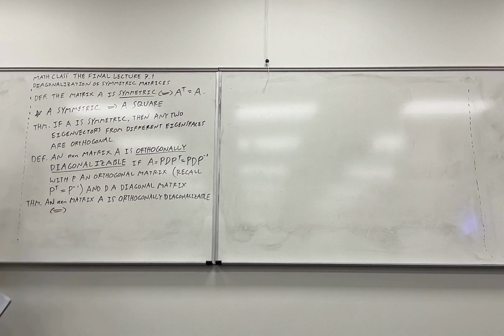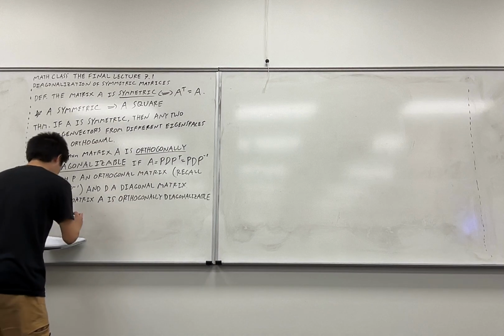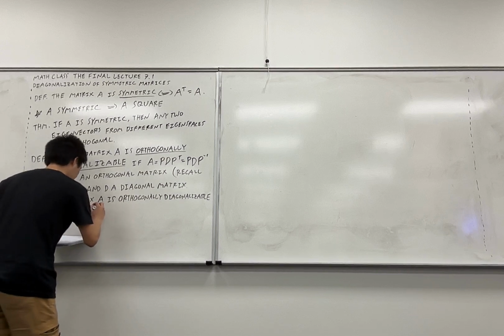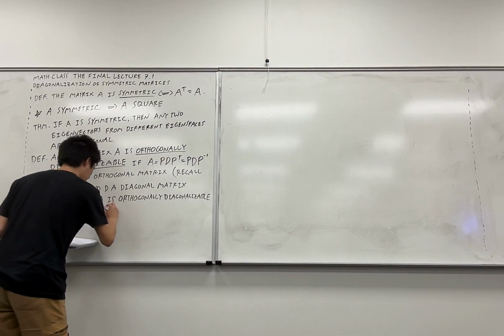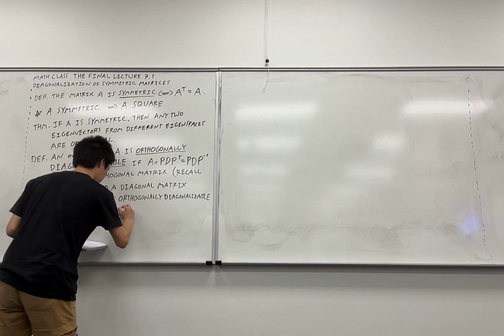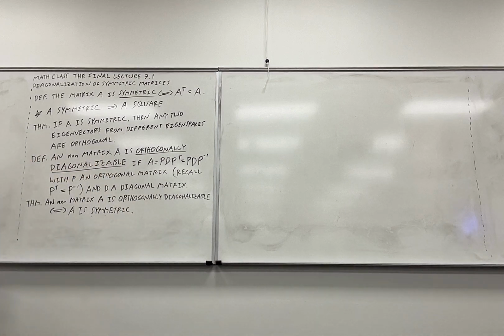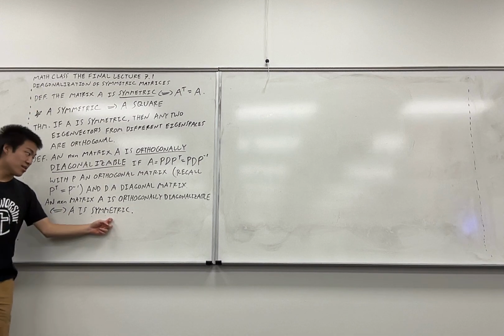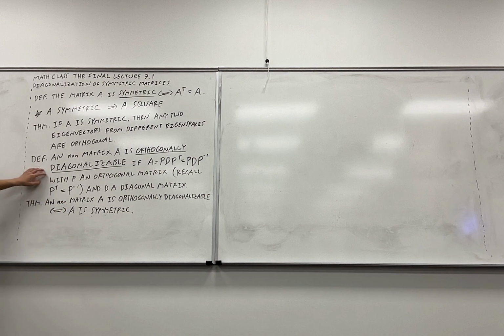That means these two statements are basically interchangeable. They're logically the same exact thing. That's crazy. So that's why we even define symmetry in the first place: we find out that symmetry is the very property that is going to allow us to perform orthogonal diagonalization.